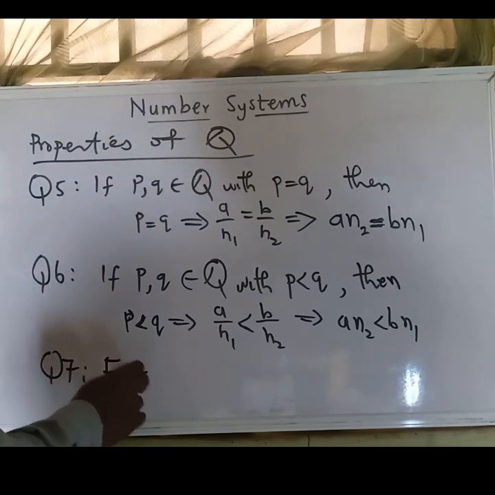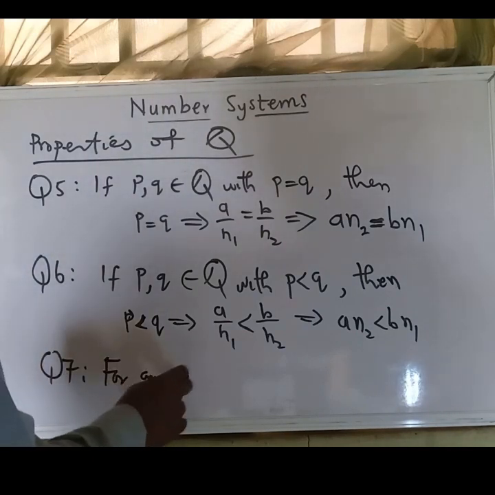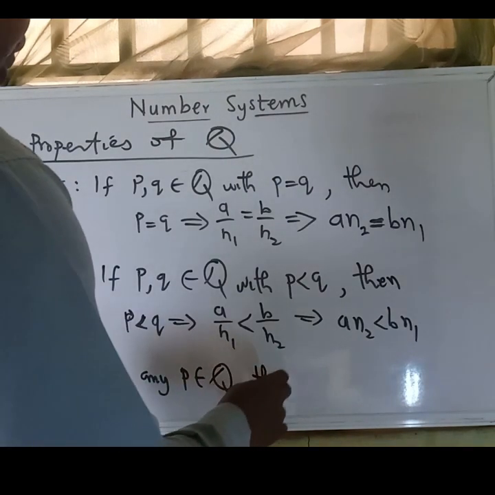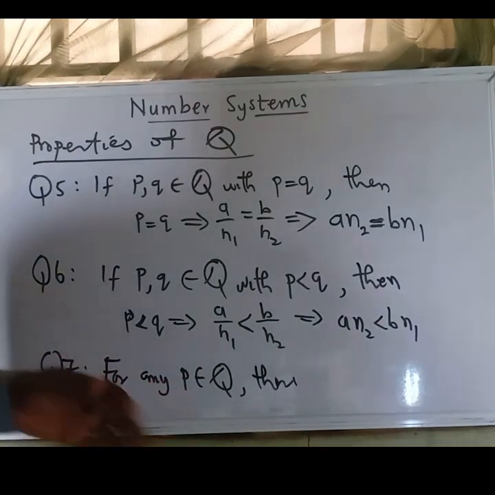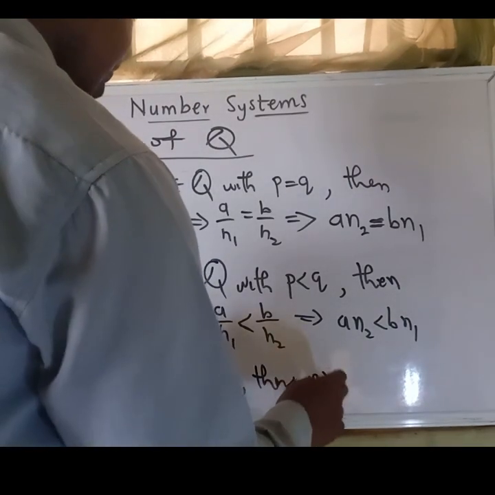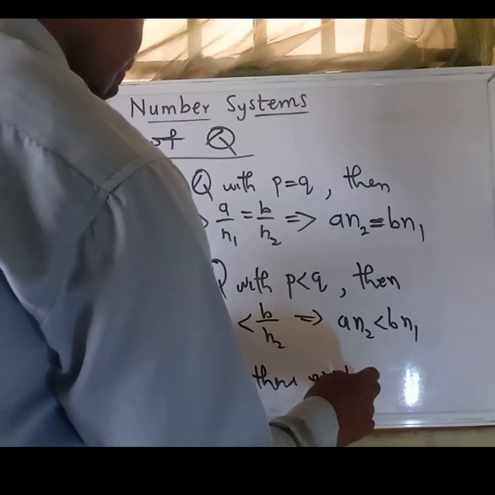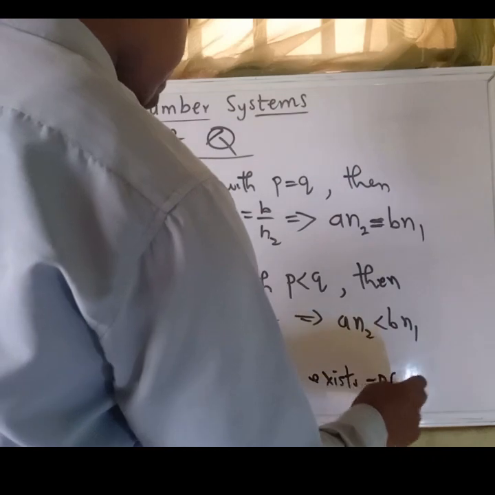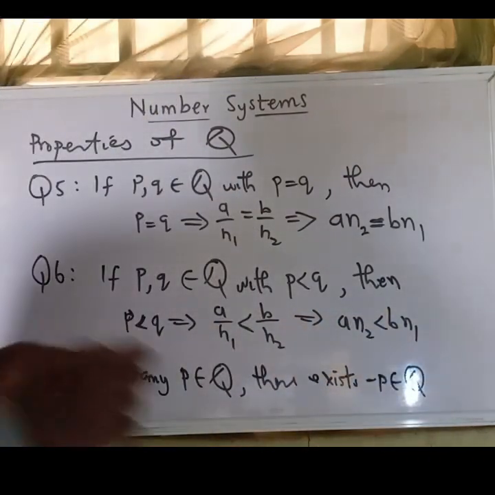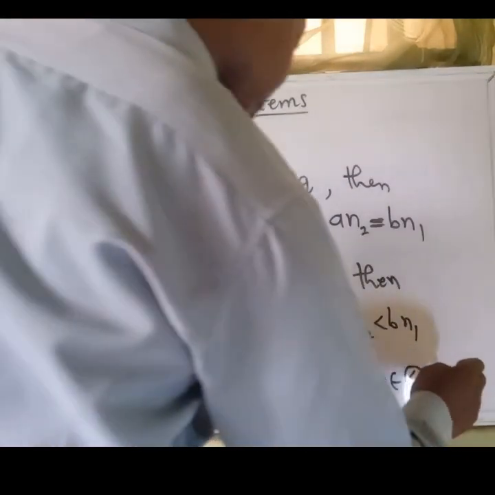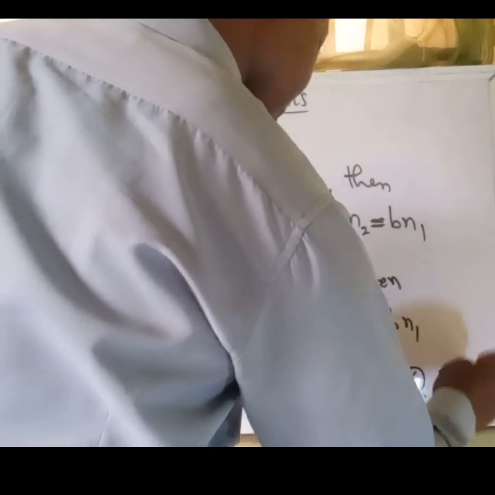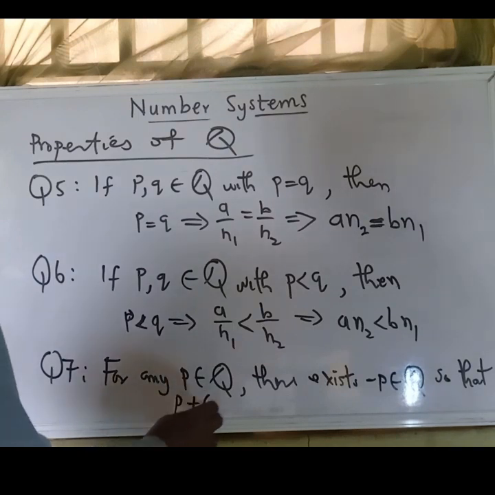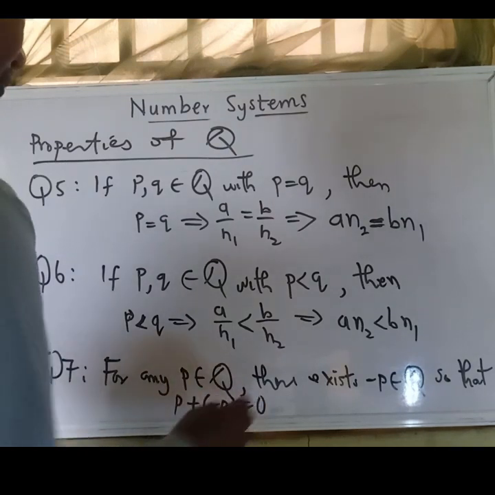For any P in Q, for the case of the additive inverse, there exists negative P in Q, so that P plus negative P is 0.